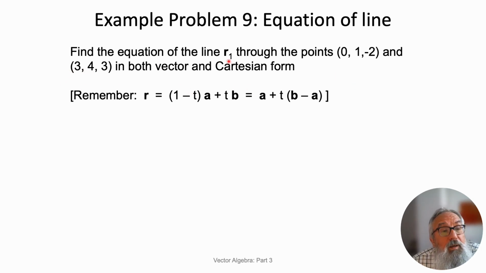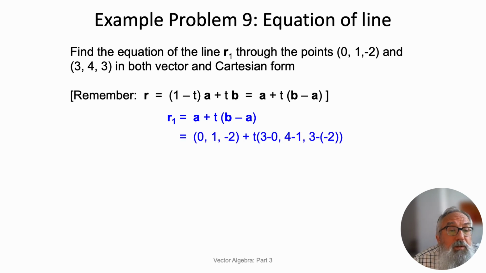Find the equation of a line R1 through points (0, 1, minus 2) and (3, 4, 3) in both vector and Cartesian format. So we've got this equation R equals (1 minus t)A plus tB, or R equals A plus t(B minus A). So R1 equals A plus t(B minus A). Let's put some numbers in there. It's quite straightforward to do that. So that's the equation of the line R1.